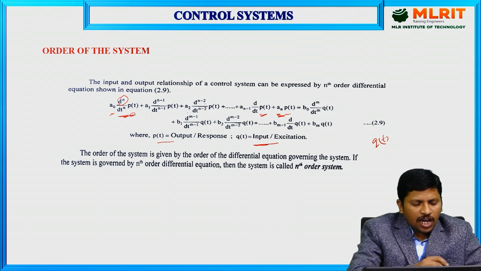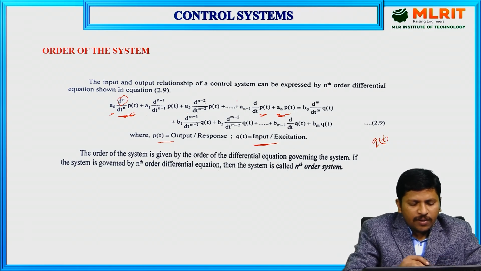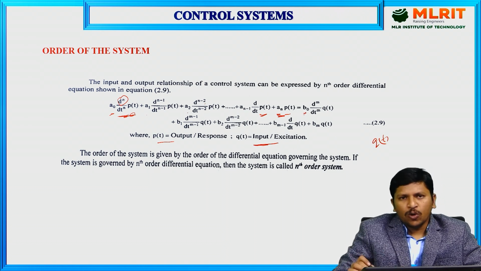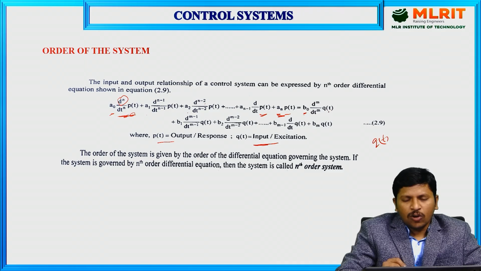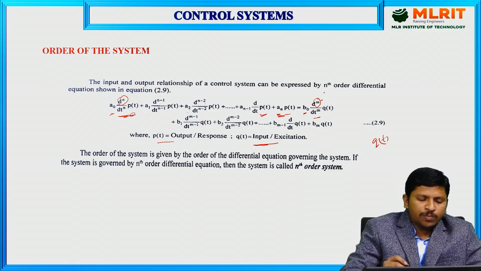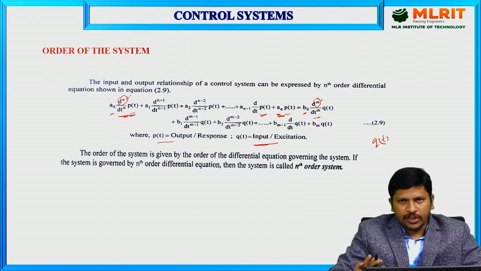This is the output equation, and it equals the input equation. For the input relation, I am going to consider the coefficient b naught. There are m terms on the input side and n terms on the output side.